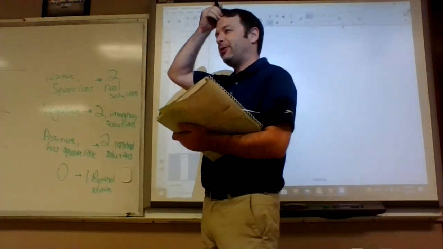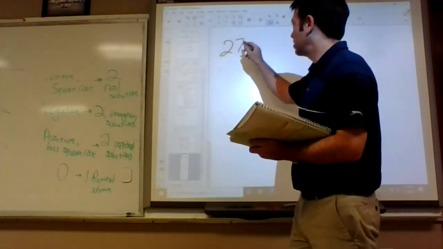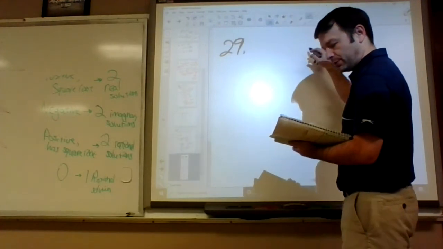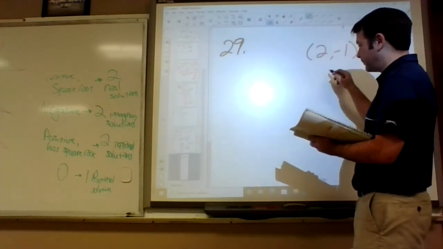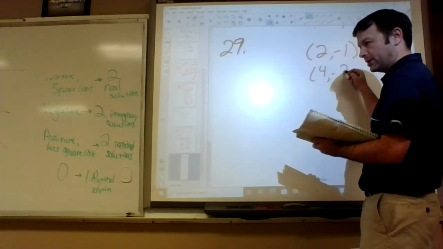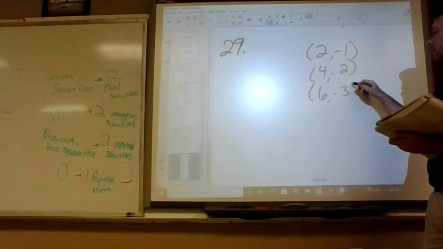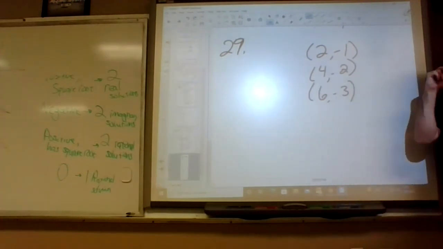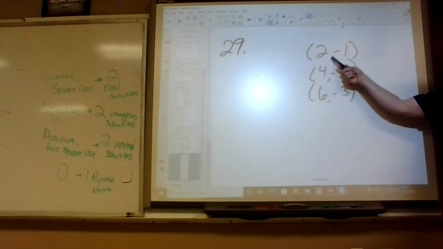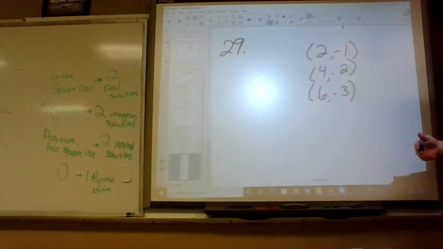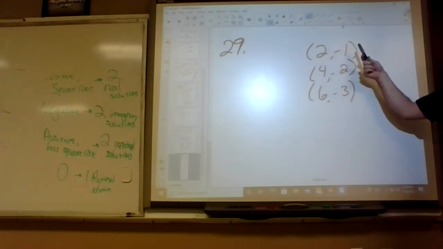Basically we have to say, how do you turn the x value into the y value? So how do you get from 2 to -1? Or from 4 to -2? Or from 6 to -3? You guys see the pattern? Divide by -2.